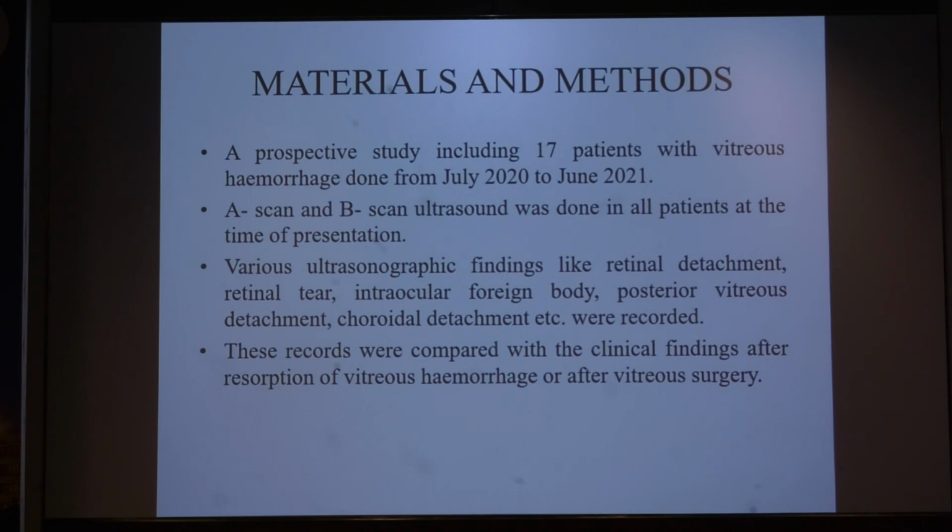Both A scan and B scan were done and the patients were followed up. The various ultrasonographic findings like retinal detachment, retinal tear, intraocular foreign body, posterior vitreous detachment, choroidal detachment, all were recorded. And these records are compared after intervention or after resorption of the vitreous hemorrhage.